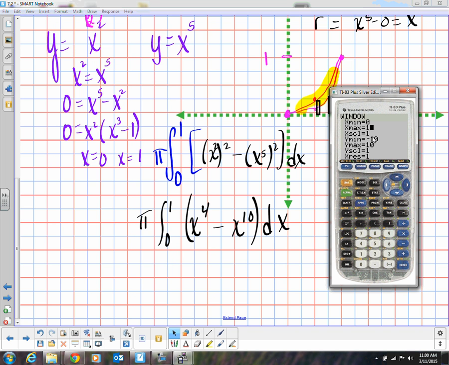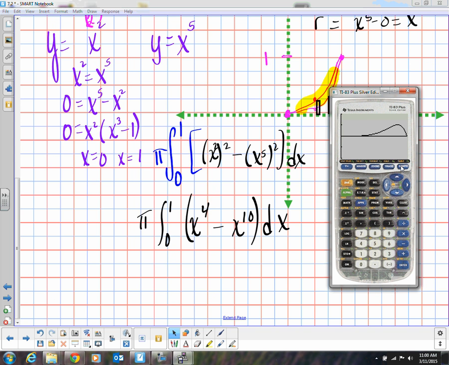I'm going to make my y's -2 to 2. And I'm going to hit graph. Can we see it better?